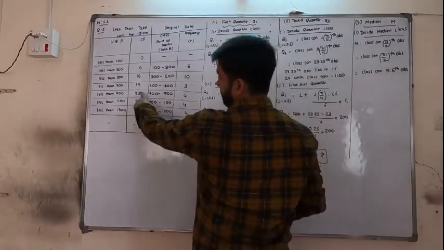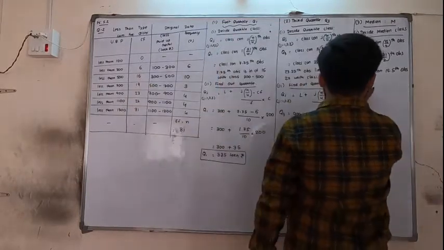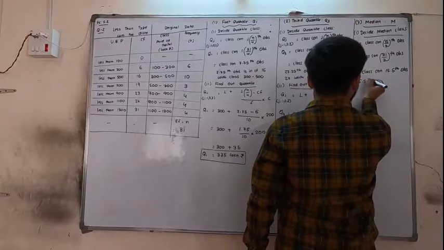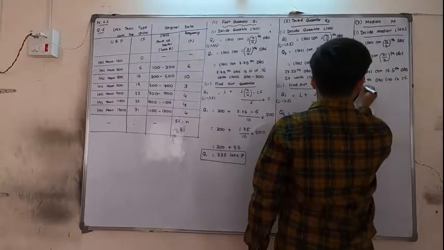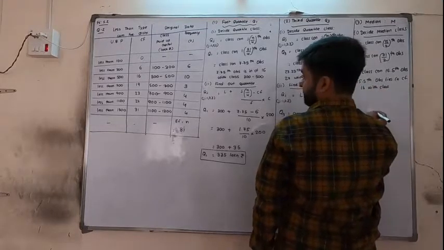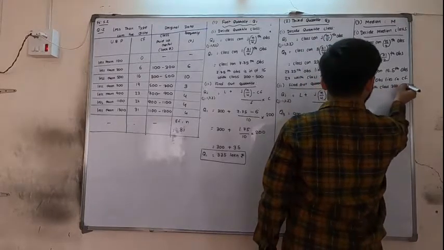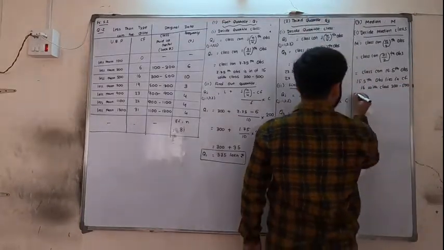Now the 15.5th observation will be here. Okay, so the 15.5th observation lies in CF 16 with class 300 to 500. Okay.